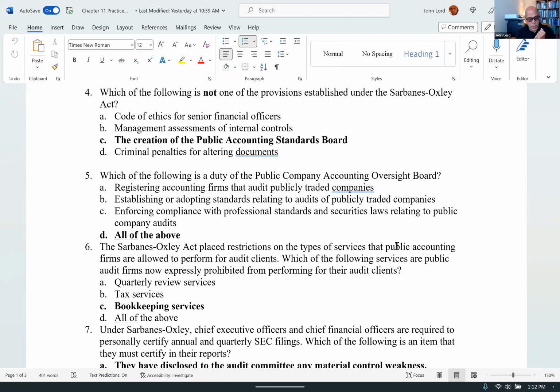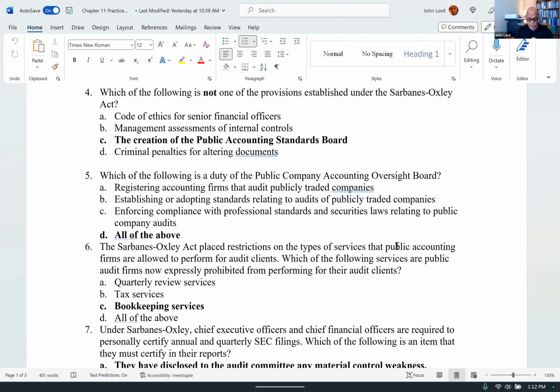The Sarbanes-Oxley Act placed restrictions as to the type of services the public accounting firms are allowed to perform for audit clients. We specifically called out what? Bookkeeping, okay? Tax services are still okay. An entity can still help prepare the entity's tax return and audit the financial statements.